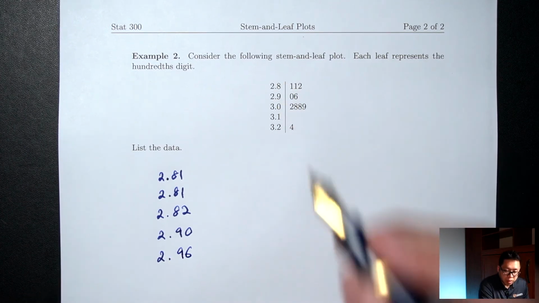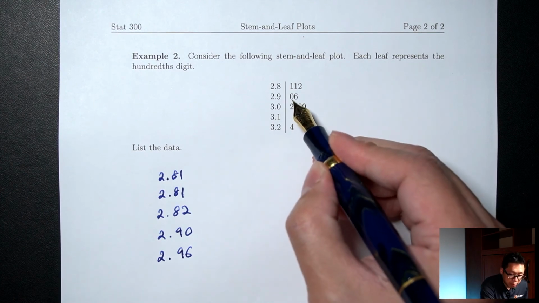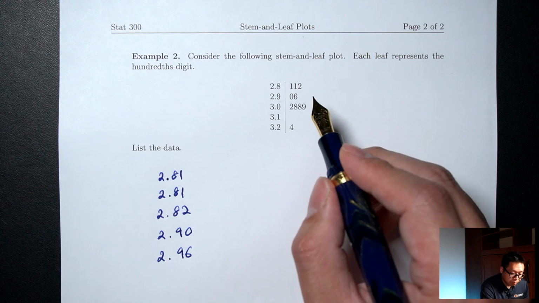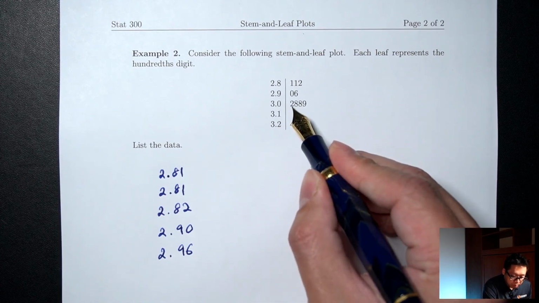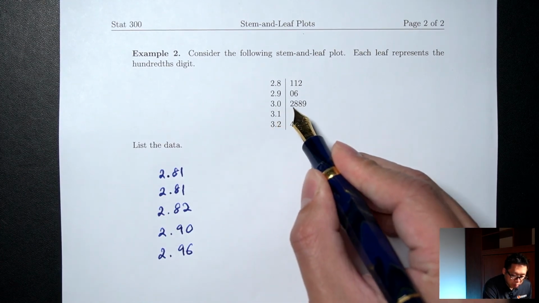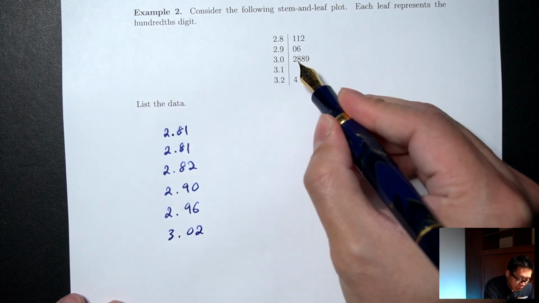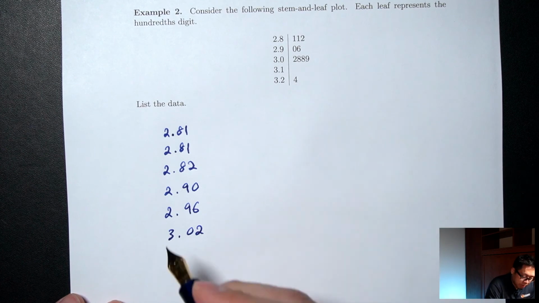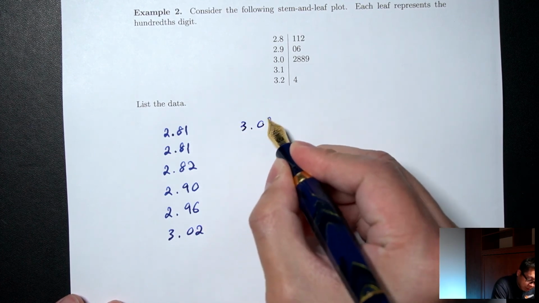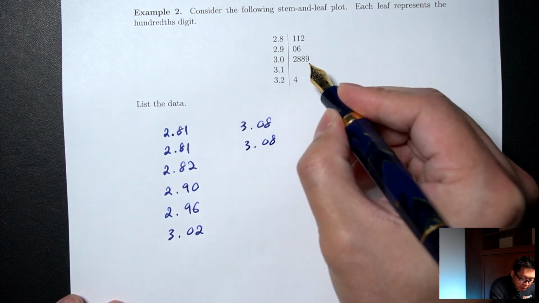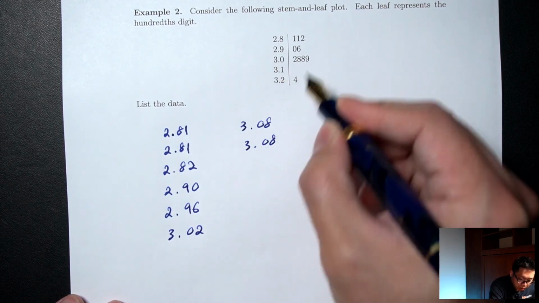So the stem tells you the first part of your number, and then each leaf, each digit on the right side here is the very last digit of the number. This 2 is 3.02. The 8, that's 3.08. Another 8, that's another 3.08. The 9, 3.09.